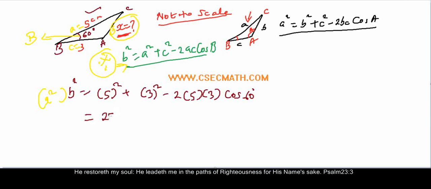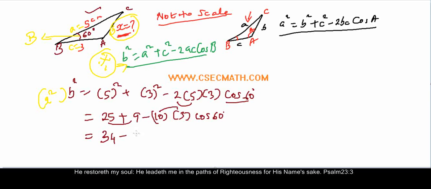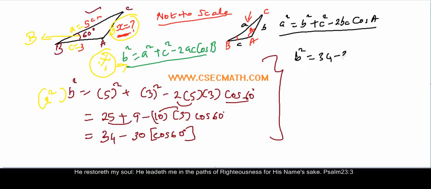This is going to be 25 plus 9 minus 2 times 5 is 10 multiplied with 3 multiplied with cos 60, which can again be rewritten as 25 plus 9, that is going to be 34, minus 10 multiplied with 3 is going to be 30 multiplied with cos 60 degrees. That could again be rewritten as B squared equal to 34 minus 30 times cos 60.